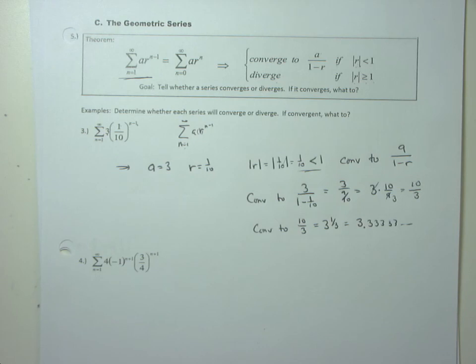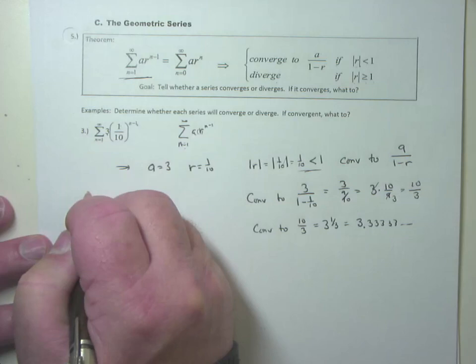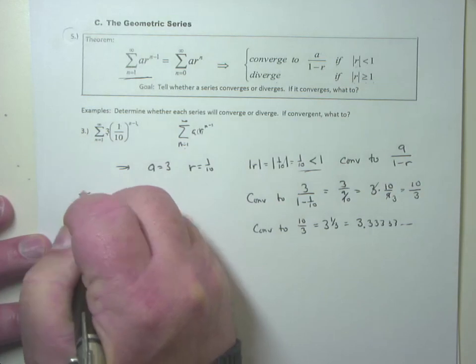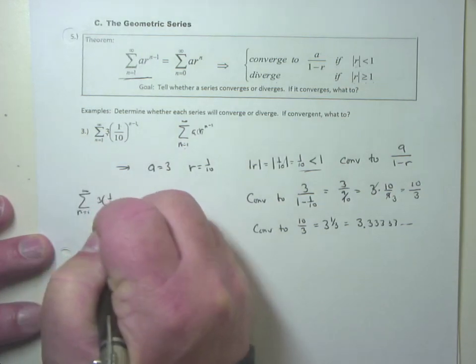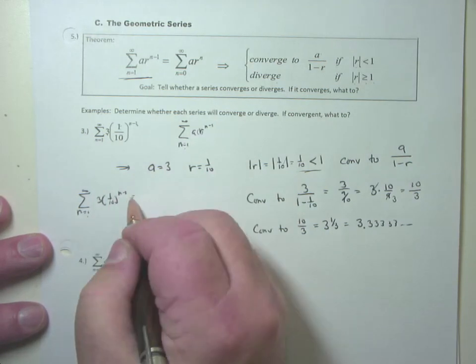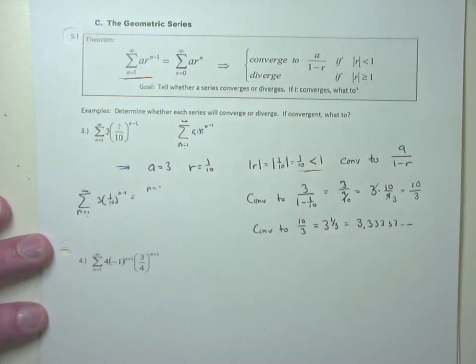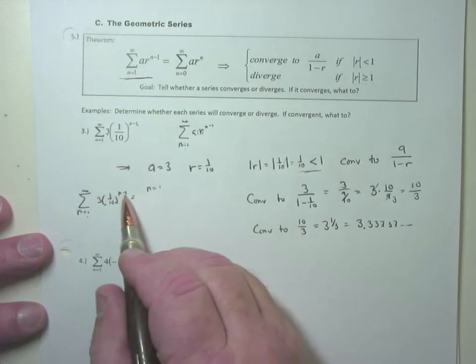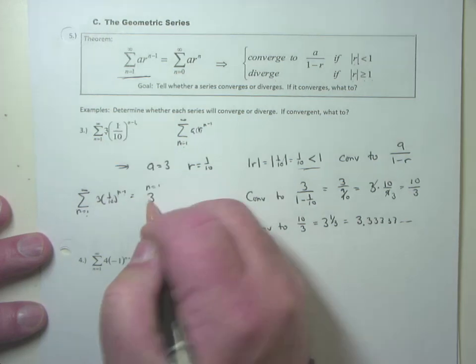Okay? It's very similar to what we did before, but we had that one extra term. And I wanted to show you guys this. If you wrote it out, the sum as n goes from 1 to infinity of 3 times 1/10 to the n minus 1, you plug in n equals 1. And here's the deal. When you plug in 1, 1 minus 1 is 0. 1/10 to the 0 power is 1. Times 3 is 3. That's where that 3 showed up.